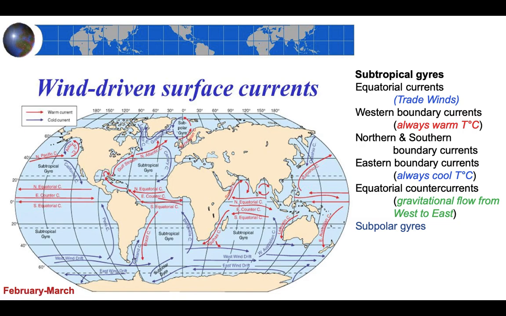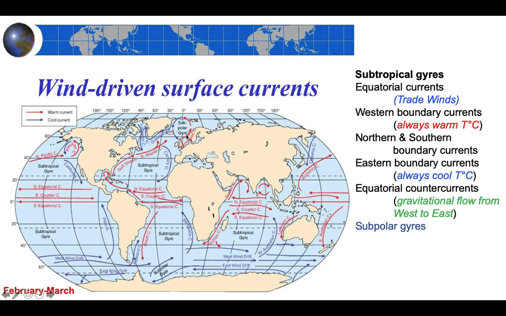Equatorial countercurrents are the currents that flow from west to east, in the opposite direction to the equatorial currents set up by trade winds, and usually driven by gravitational flow from west to east. Here is the eastern countercurrent in the Pacific Ocean, and then here is the eastern countercurrent in the Atlantic Ocean, and there is one also in the Indian Ocean.